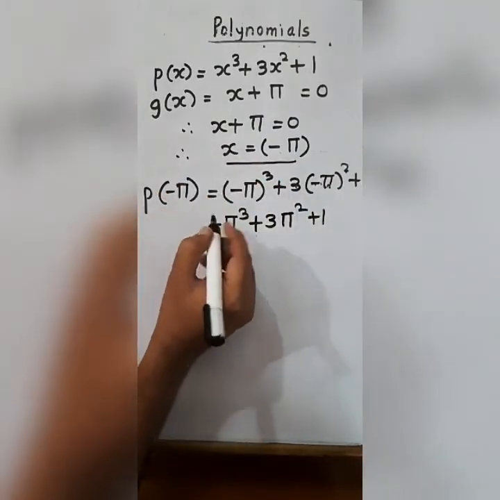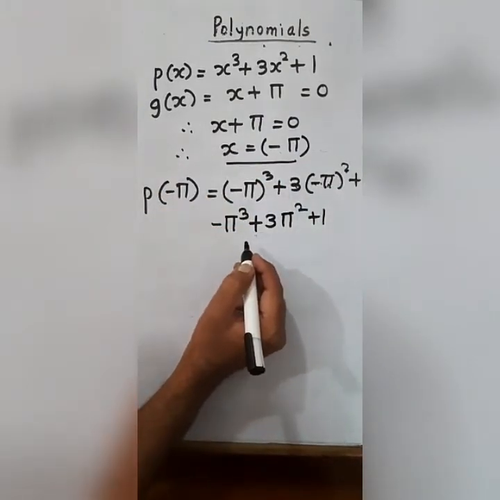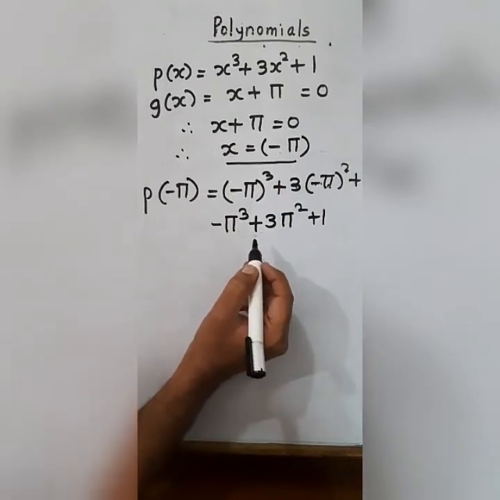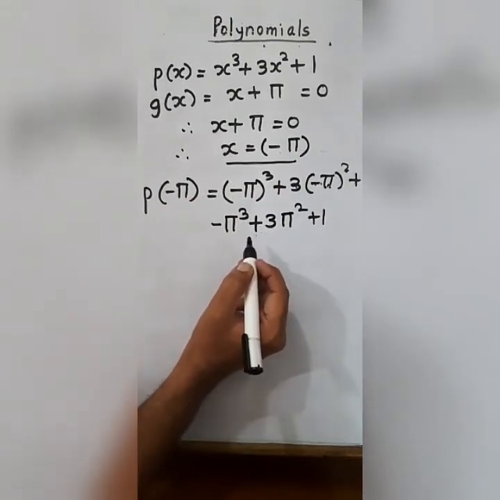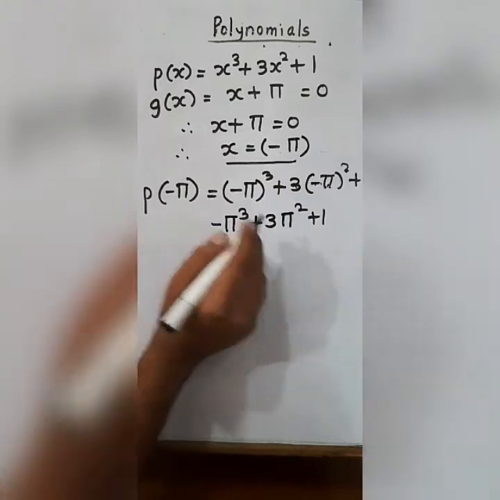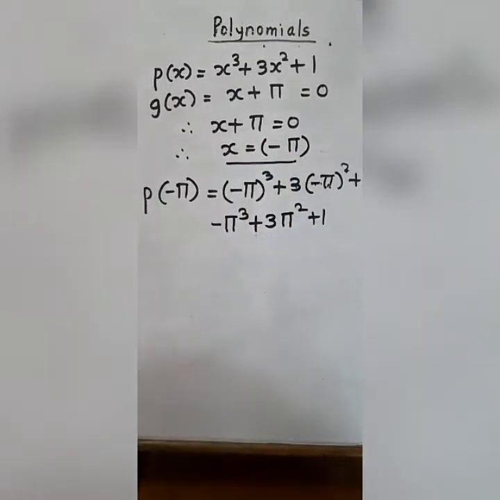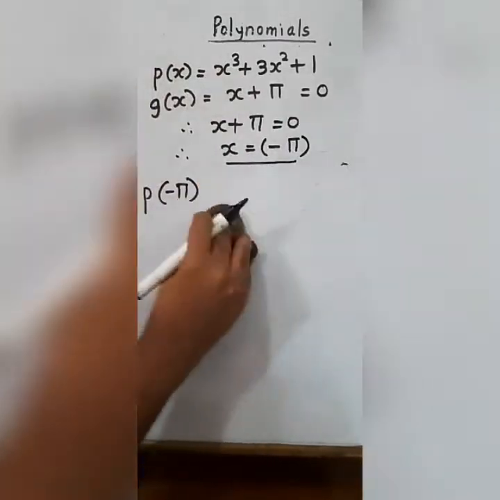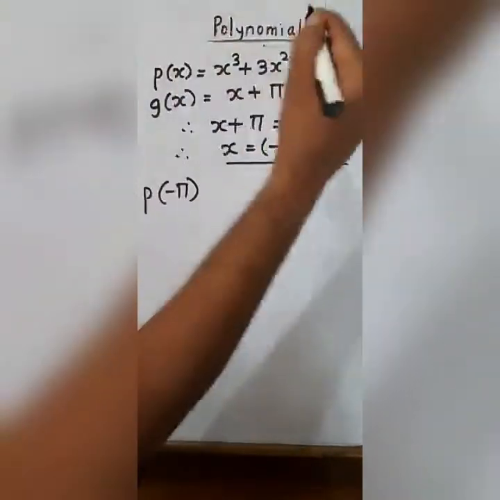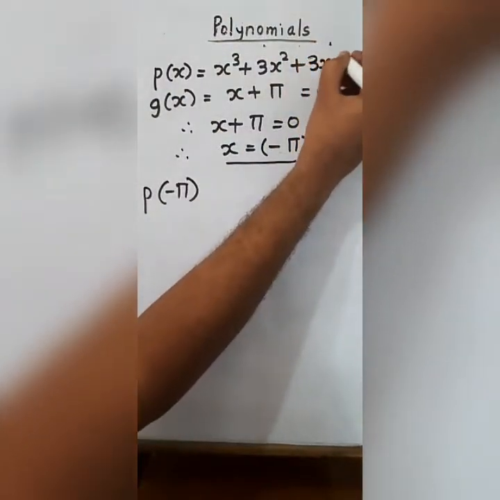So your answer is option number... okay, I have missed one term over here. There was one more term over here. I just missed it out. It is plus 3x plus 1.